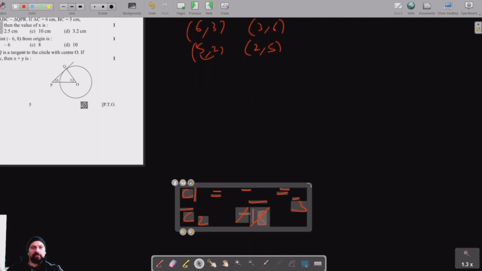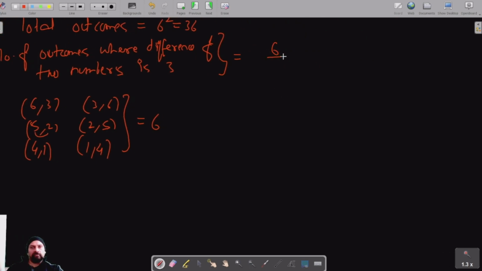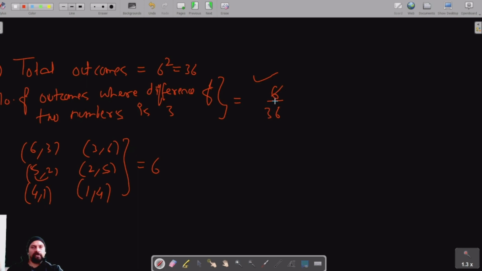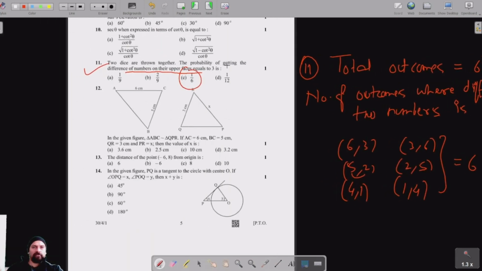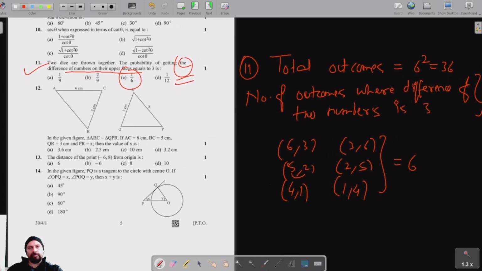And the next one would be 4, 1 and 1, 4. So these are a total of 6 cases, and total favorable outcomes are 6 and total are 36. So this is 1 by 6, that is, option C is the correct answer. Let's move on to question number 12.